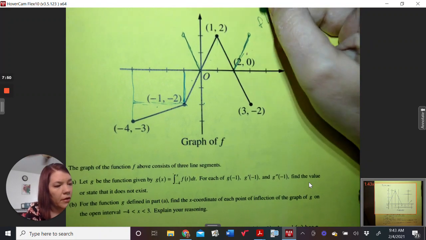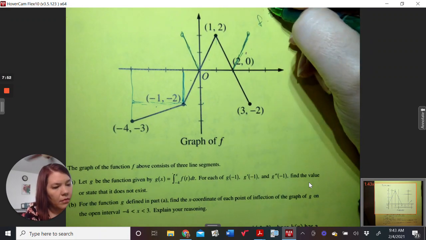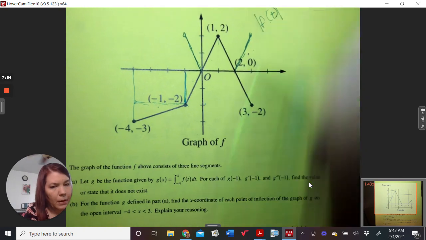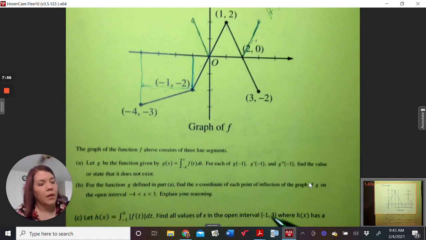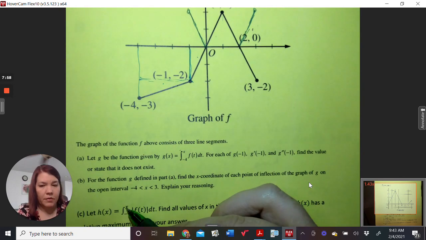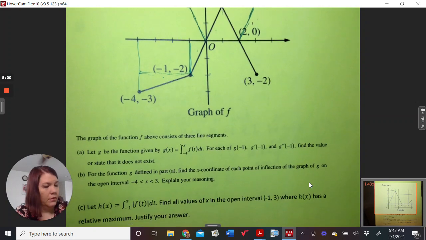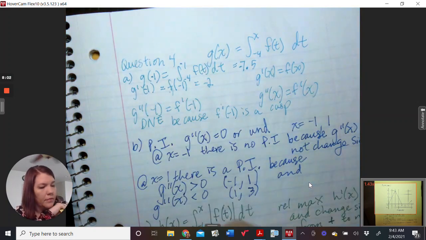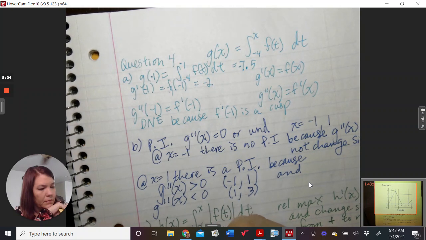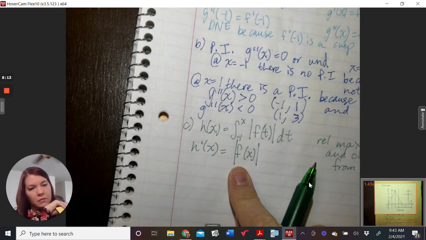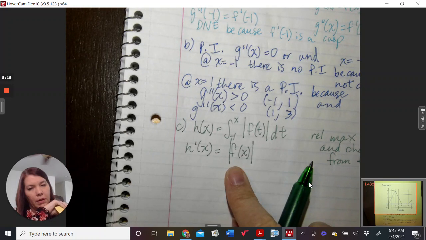And the derivative has the absolute value in it.